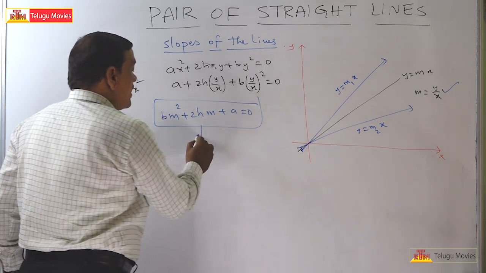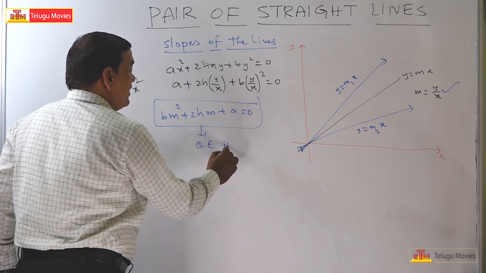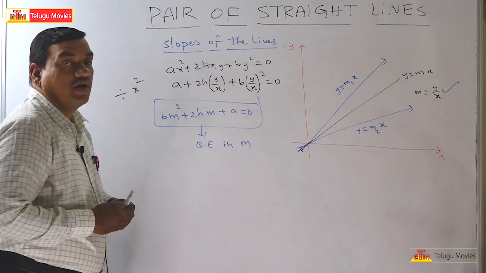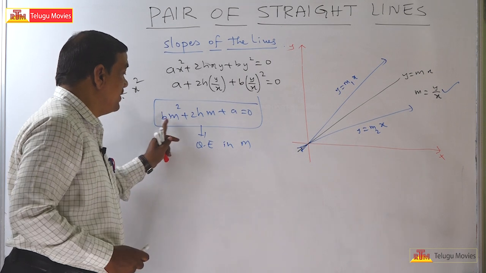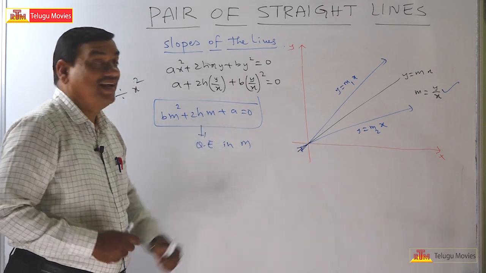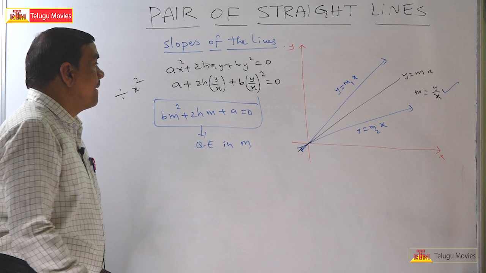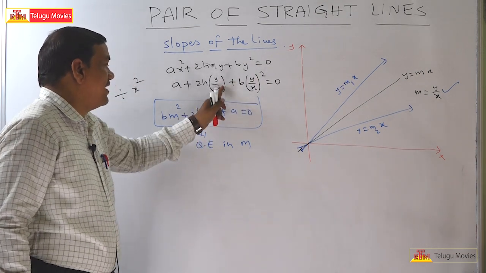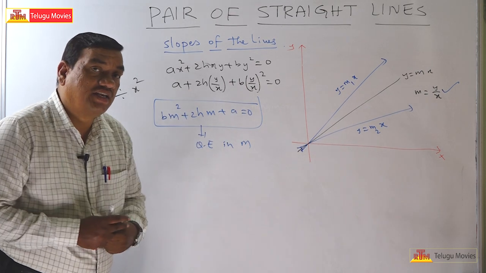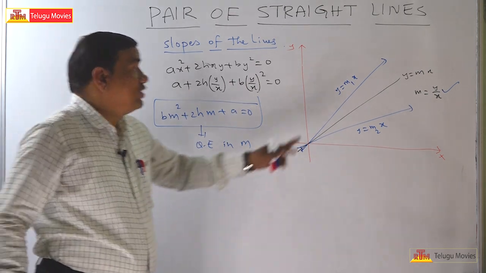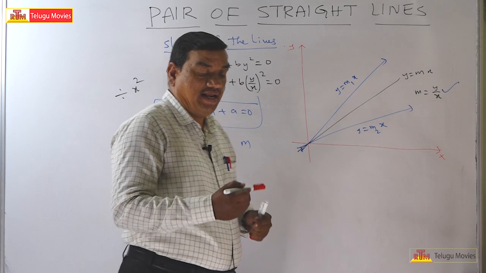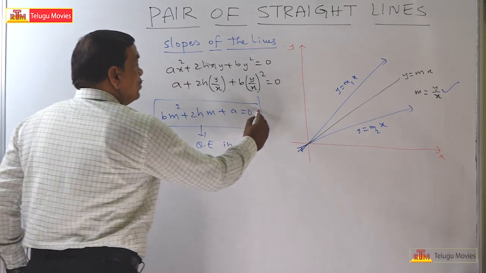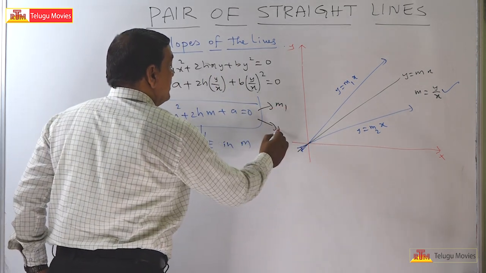You got a quadratic equation in m, where I have substituted y by x is equal to m. So it will have two roots, m1 and m2.